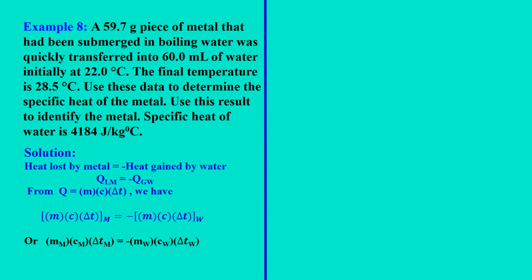Again, the heat lost by metal equals the negative heat gained by water. Or the mass of the metal times specific heat of the metal times delta T of the metal equals the negative of the mass of the water times specific heat of water times delta T of water.